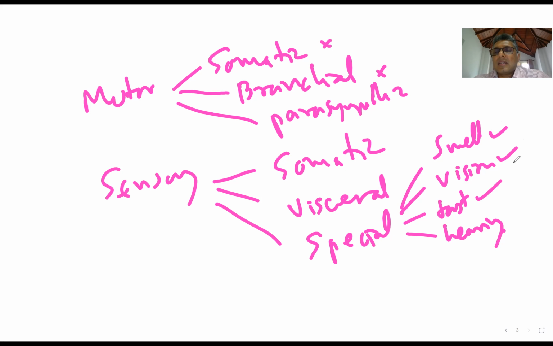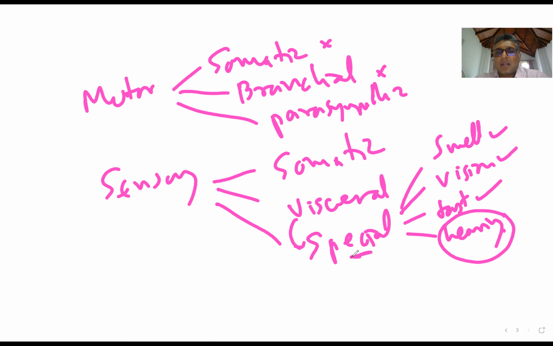Then taste is a visceral special sensation, because it's an internal organ. So you can call it special visceral, or you can just call it taste. Then hearing is related to the 8th cranial nerve, the vestibulocochlear nerve, so it comes into the brainstem and we will have to discuss it.